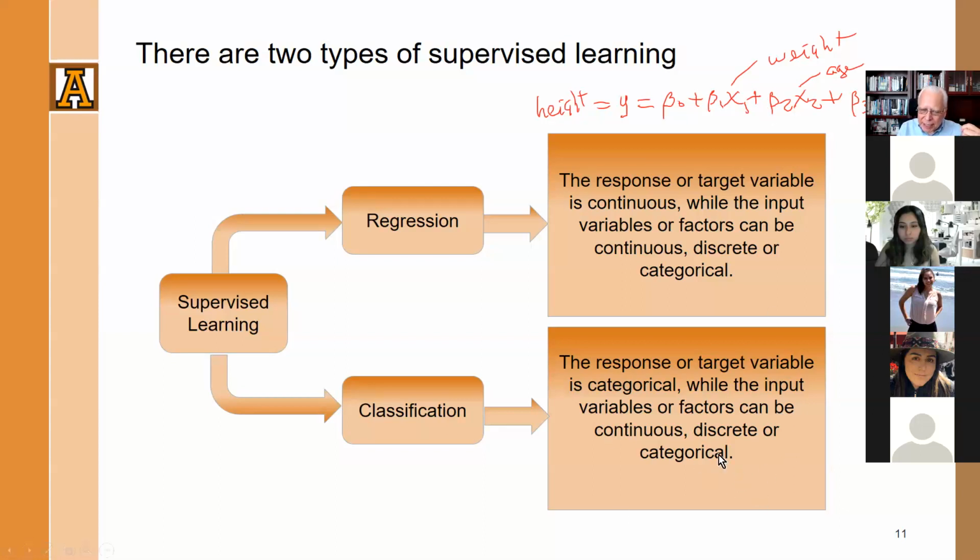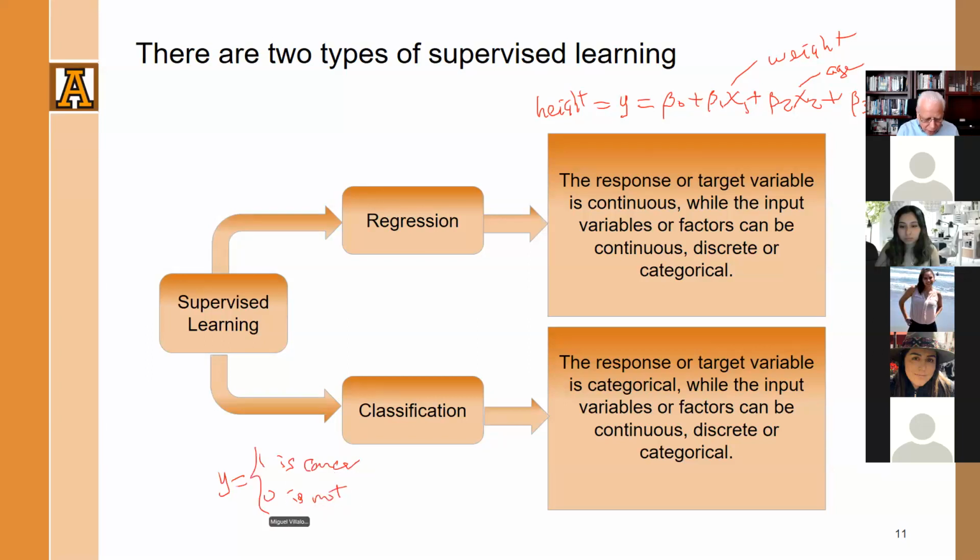And the same thing happens in classification. In classification, my target is categorical. So my target would be of the type, for example, 1 is cancer, 0 is not.